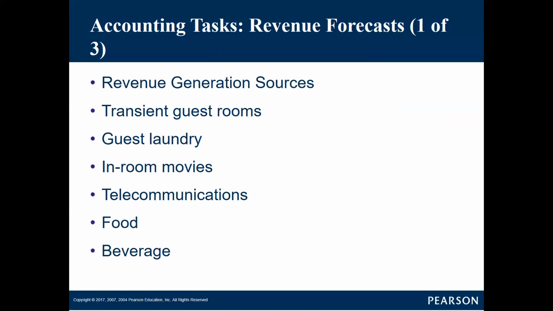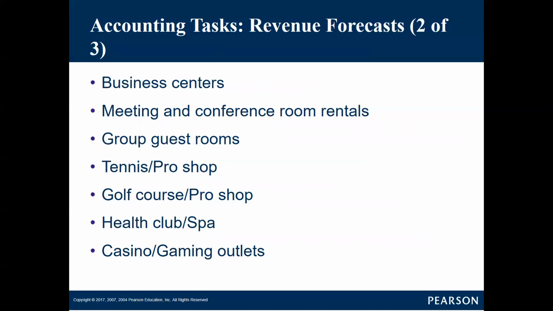Hotel revenue can be generated from a variety of sources, right? And here's a few examples right here. Transient guest rooms, all that stuff, right? Food and beverage. You've got your business centers, your meetings and conference rentals. You're going to have your health club and spa at some places, casinos and gaming management.